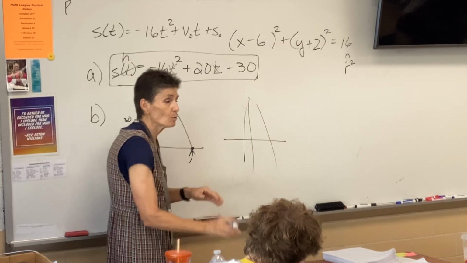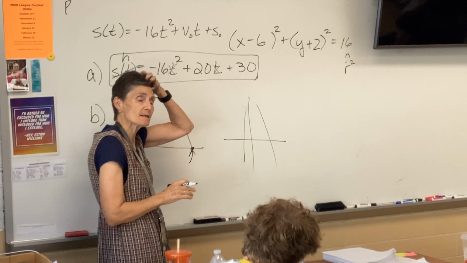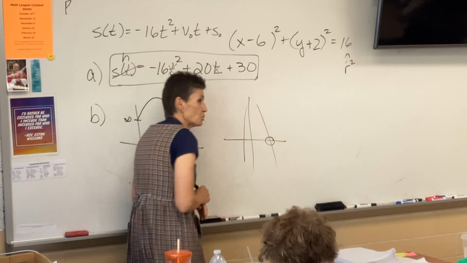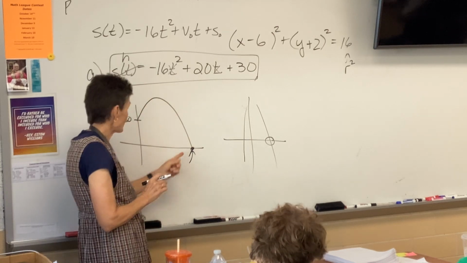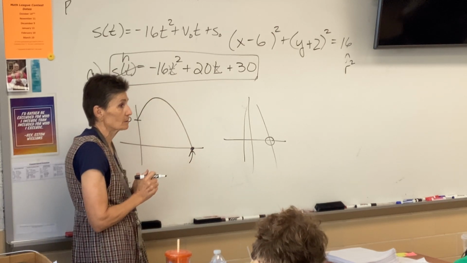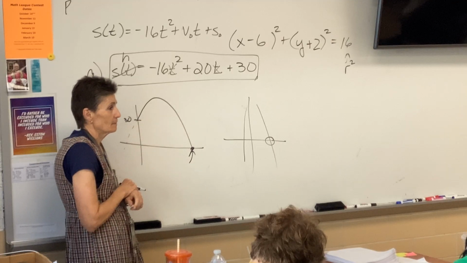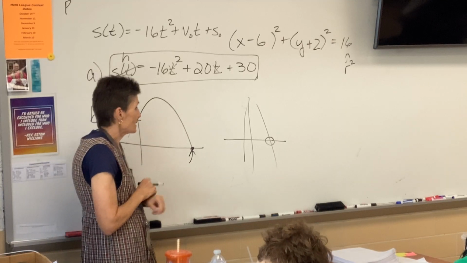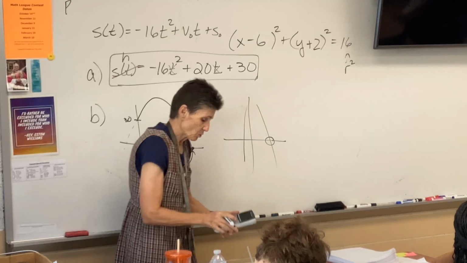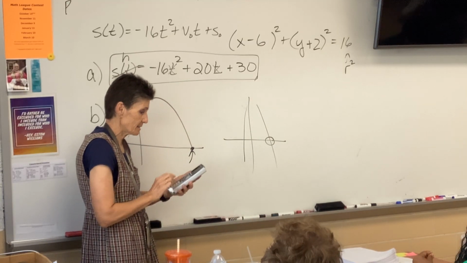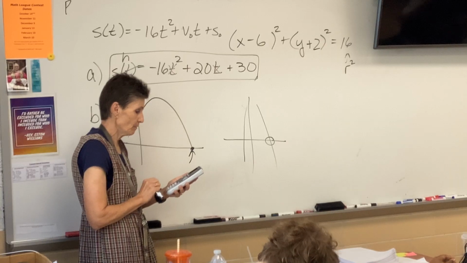That is totally good enough. If you see something that looks like that, you are okay. Because that's the point that you want. That's where it's coming down and hitting the ground. This part is imaginary. So that's the one I want. So I'm going to second, trace, 0, enter.